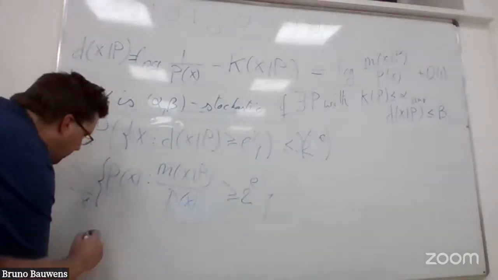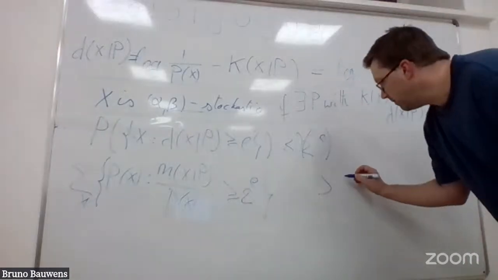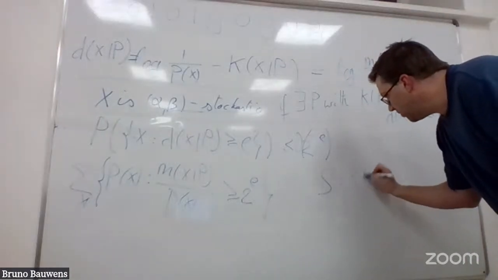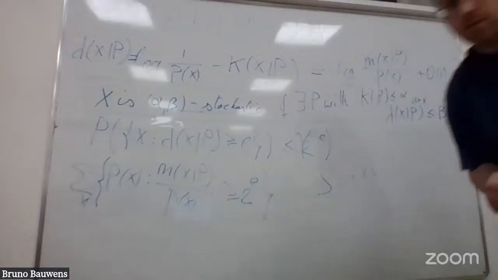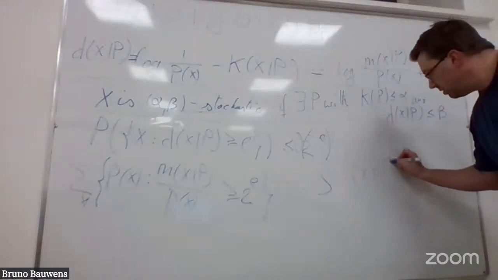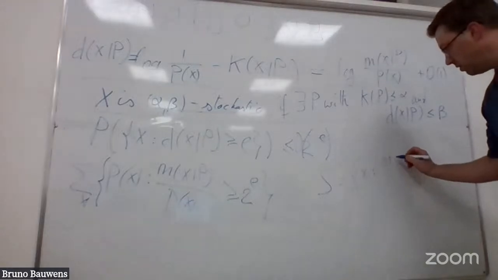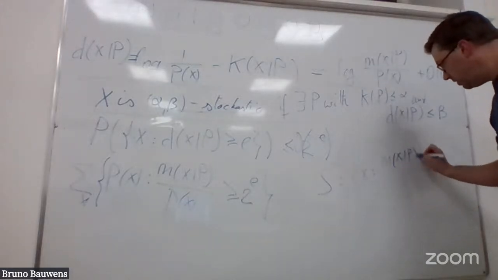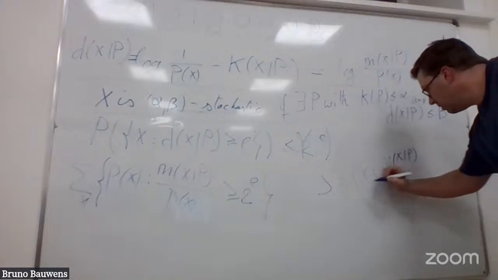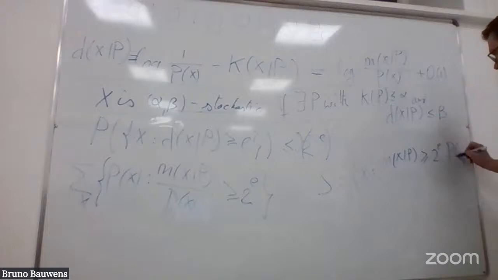Imagine that we just have this set S, the set of all x's for which m of x given P is bigger than 2 to the power e times P of x.